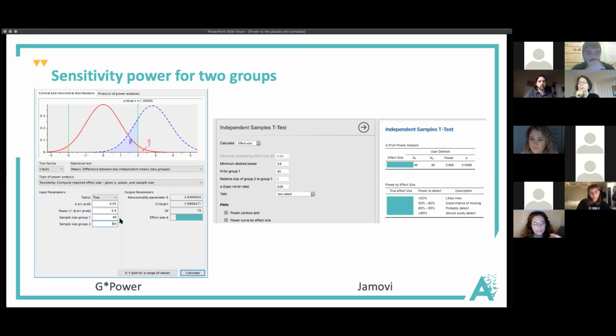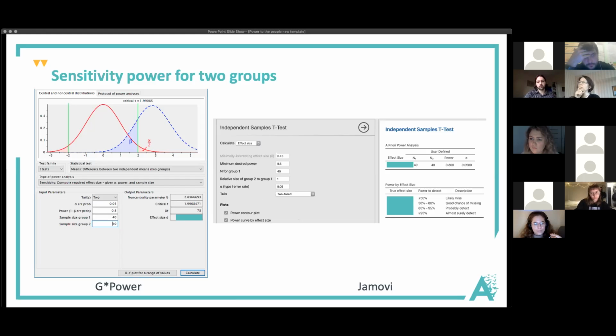And for 40 participants in each group, what effect size could you reliably detect with 80% power? If you're using Jamovi, you need to switch between the option of n per group and effect size, and it will allow you to put in the group sample size.